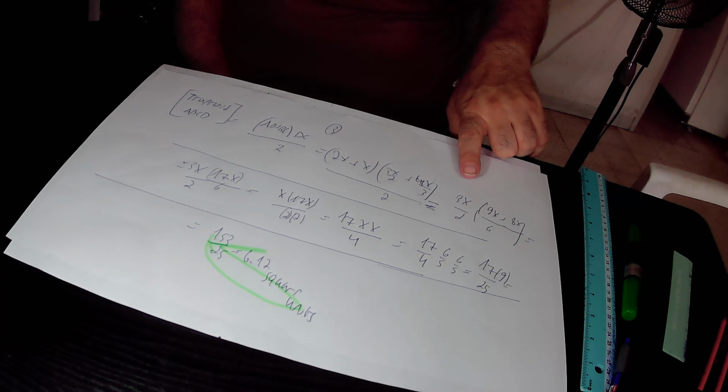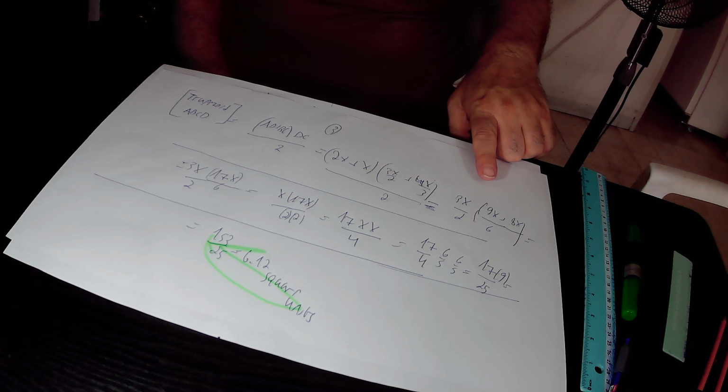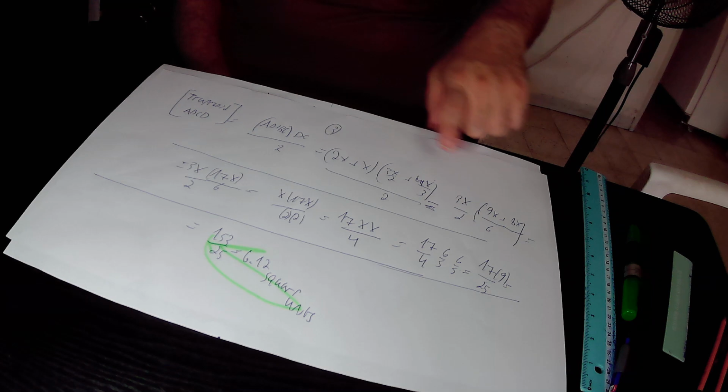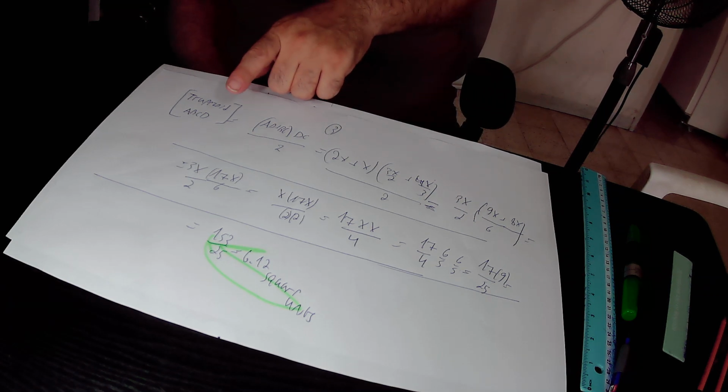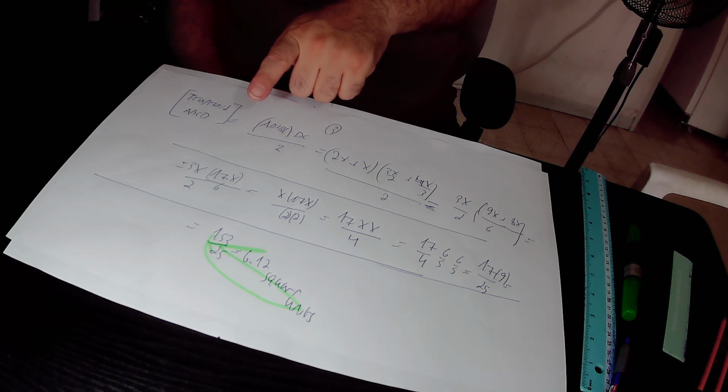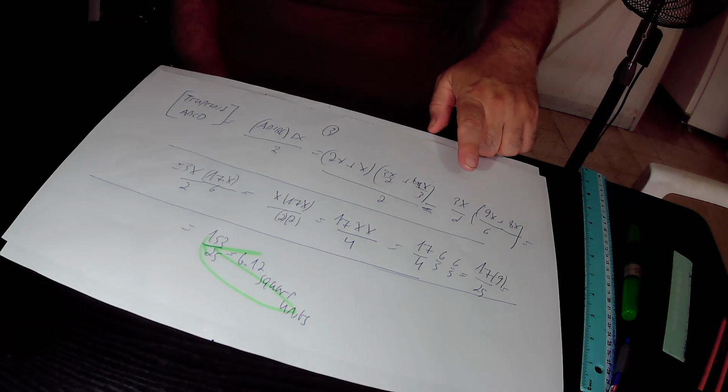So in total, we found that 3x over 2 plus 4x over 3 equals 9x plus 8x over 6. 9x plus 8x is 17x. So in total, in the numerator we have 3x times 17x, and in the denominator we have 2 times 6.